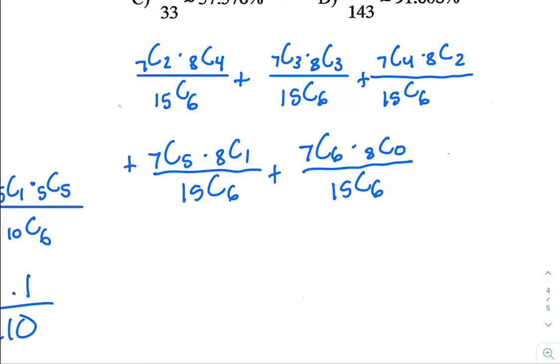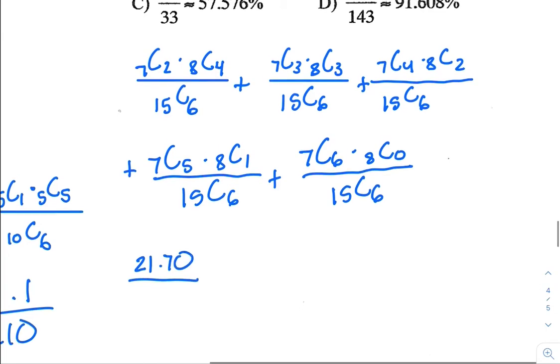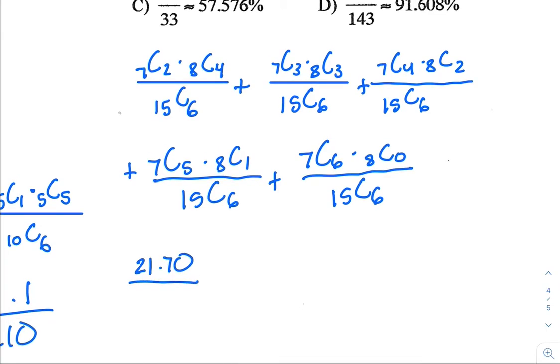So 7 choose 2, 21, times 8 choose 4. So that's 70. All out of 15 choose 6, which is 5,005.